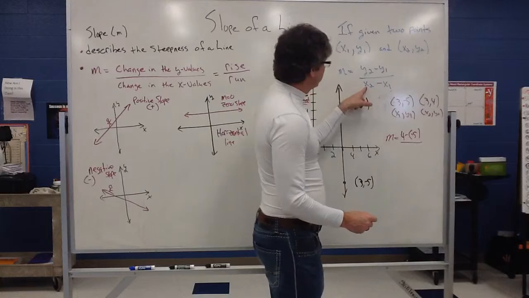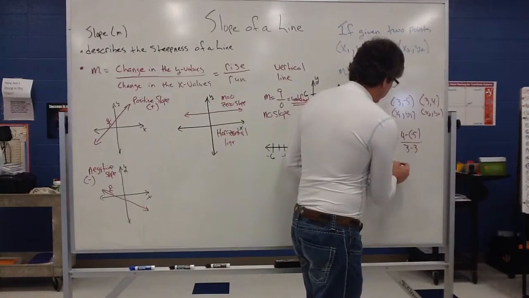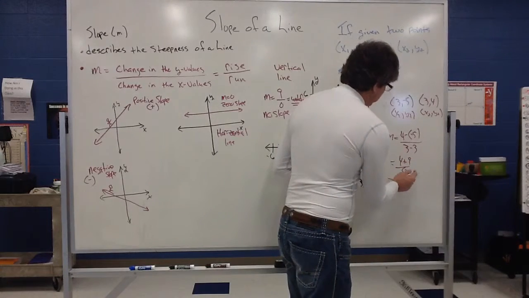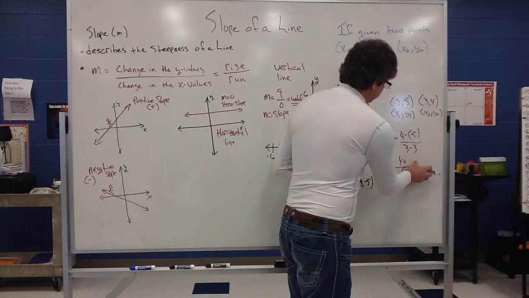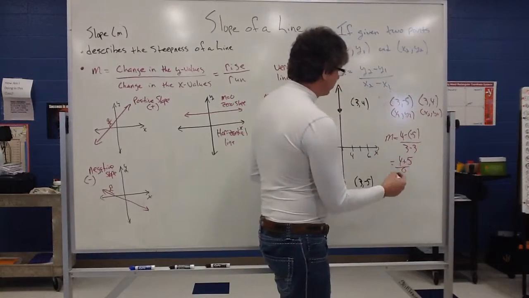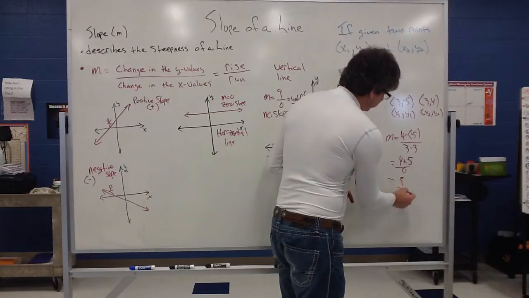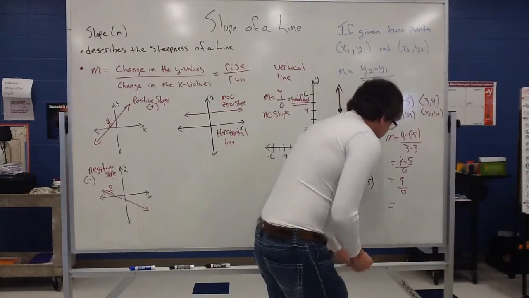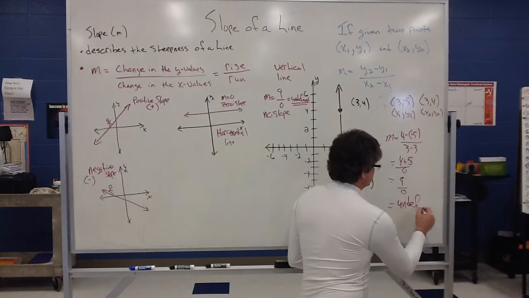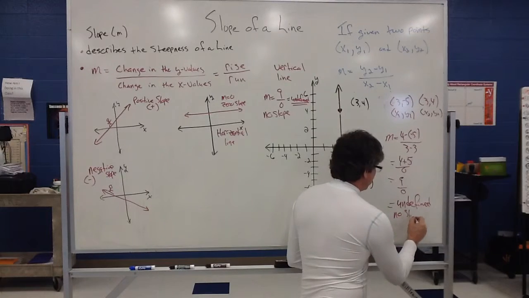And on the x's, I got to subtract the x's, so that's going to be 3 minus 3. So I end up with 4 plus 9 over 0. I'm sorry, 4 plus 5. So negative and a negative, they make the opposite. The -5 makes a positive 5 there. So I have 4 and a 5, and that makes a 9 over 0. And as we said, that's going to be undefined, which we use also the word no slope.